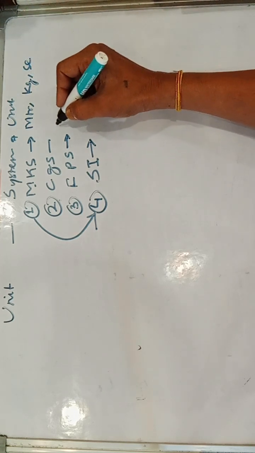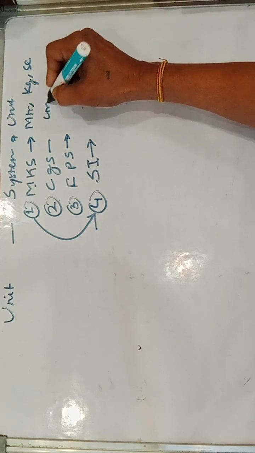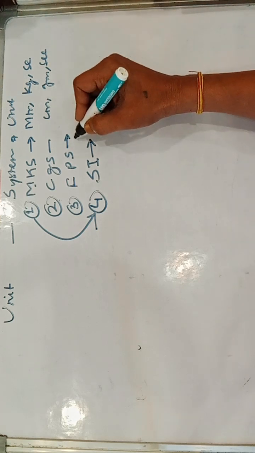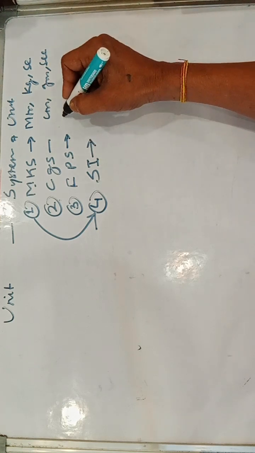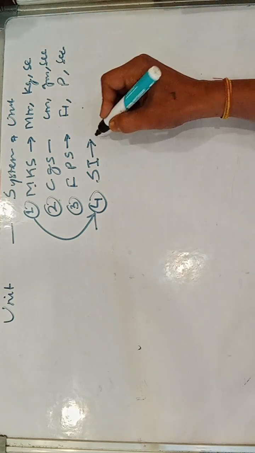CGS system, we have centimeter, gram and second. FPS system, we have foot, pound and second.